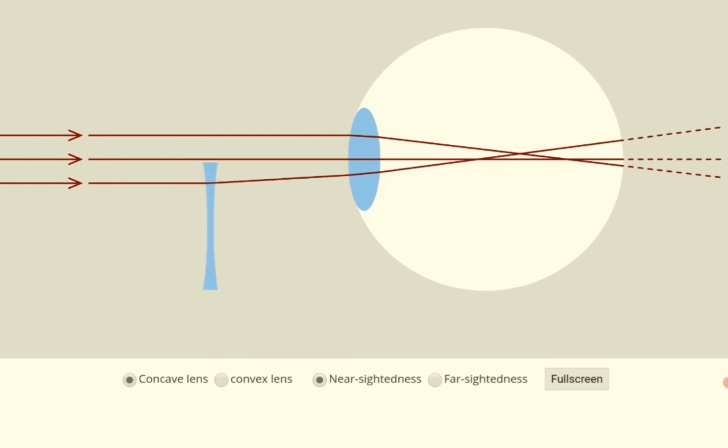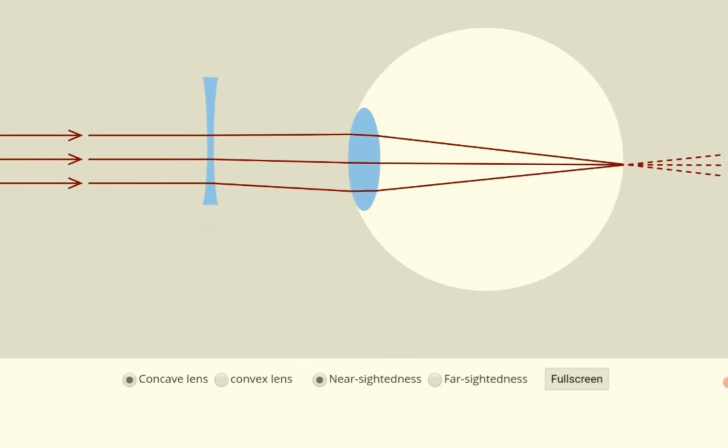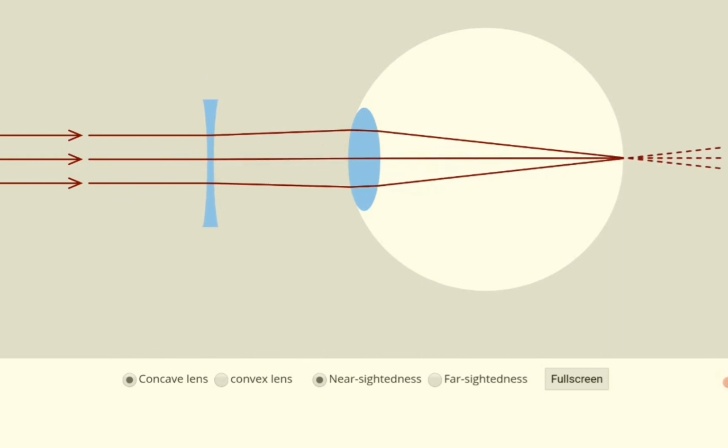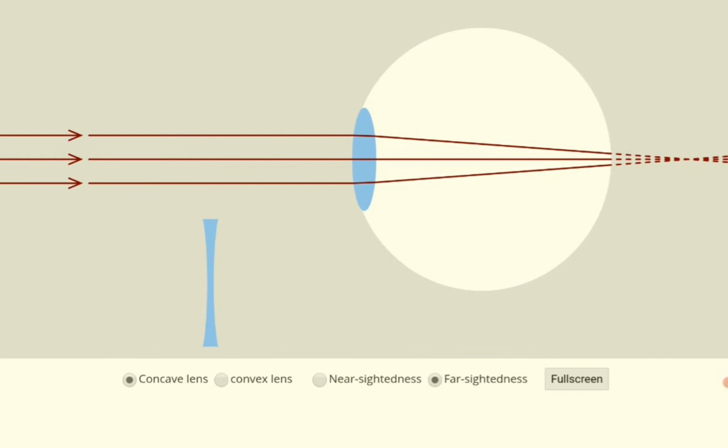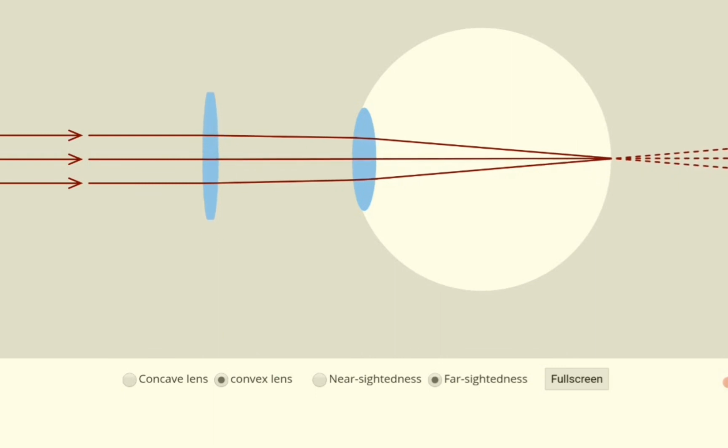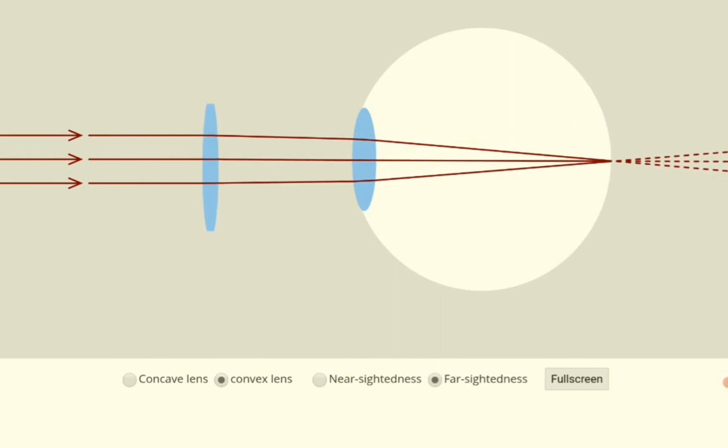Now we can see that the image is correctly formed on the retina. Now let us take a hypermetropic eye and place a convex lens there. Here also we can see that the eye is corrected.